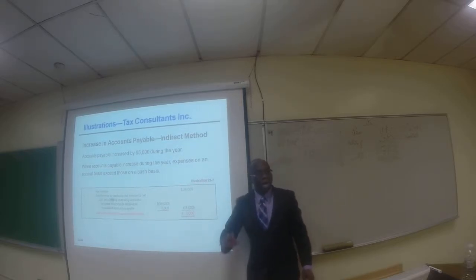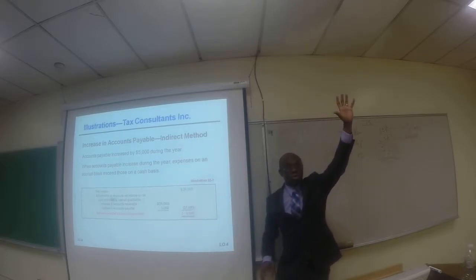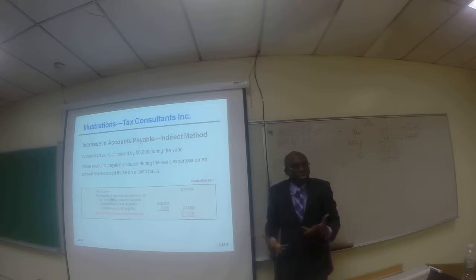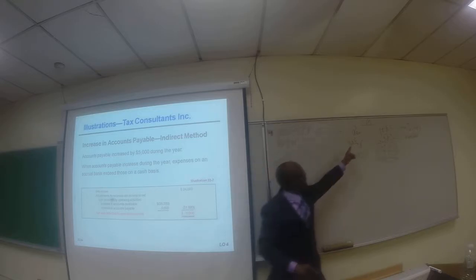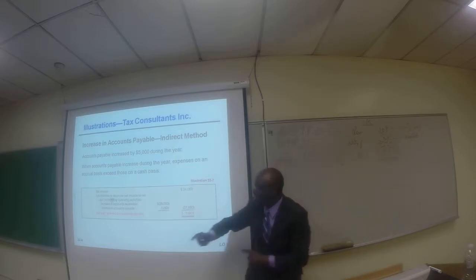So that is where we are adding the increase in accounts payable to net income. Because when accounts payable goes up, that increases expense, but we are actually not spending cash. Don't forget, expense decreases the bottom line. Now, look at this.